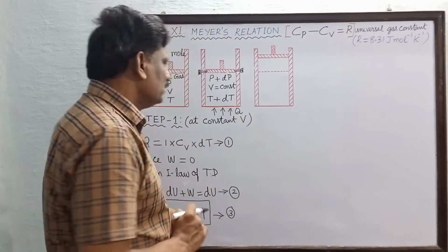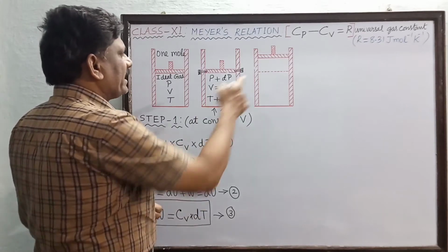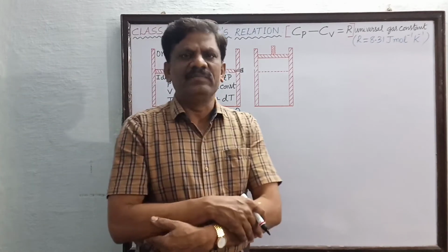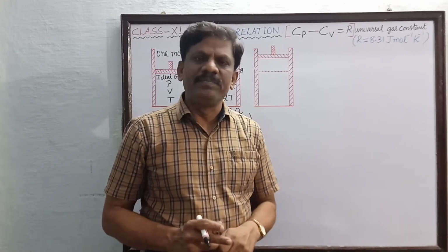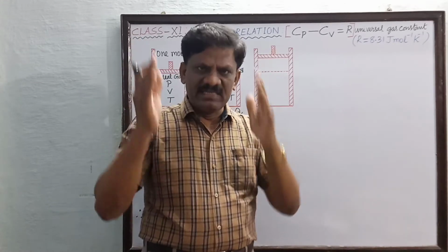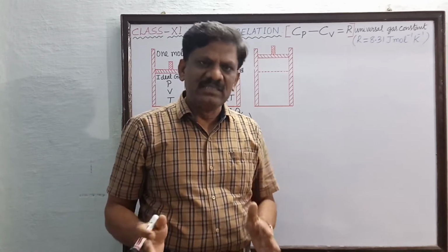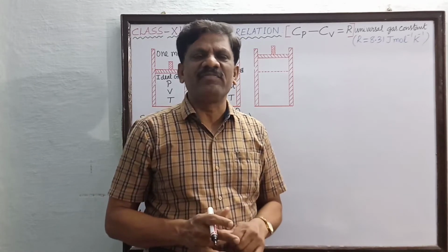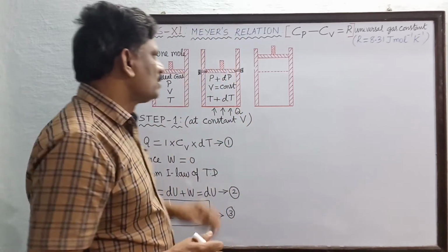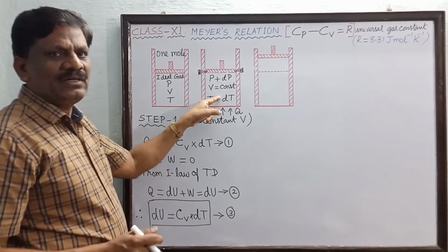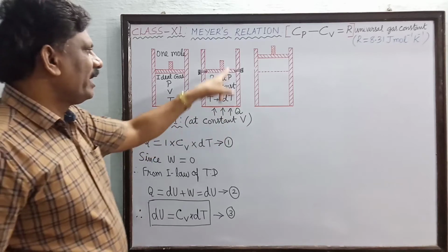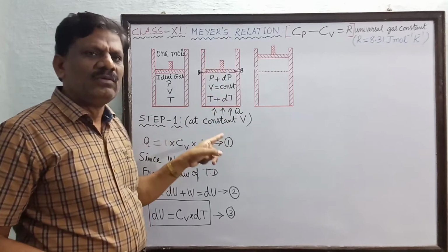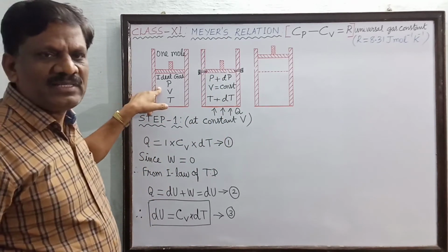Now the second step I am going to perform. Whenever I want to go to the second step, I should bring the system back to the initial conditions of pressure, volume and temperature. So at the end of the first step, I will stop this source of heat and allow the system to cool down and come back to its original conditions.